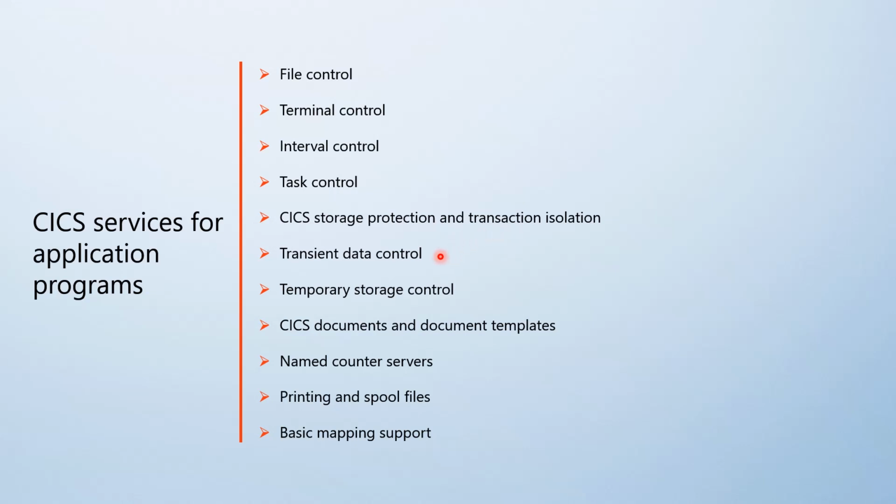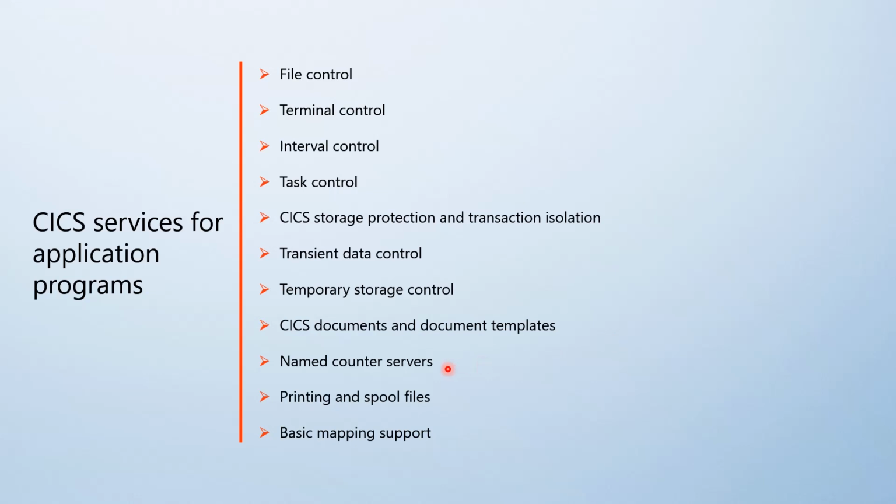And we have two other data controls, transient and temporary storage. These refer to the TDQs and the TSQs. They are used to temporarily store data, whereas in TSQs you can even store data in main storage as well, which you cannot do in the TDQs. CICS also provides documents and document templates, which are mostly used in web support.